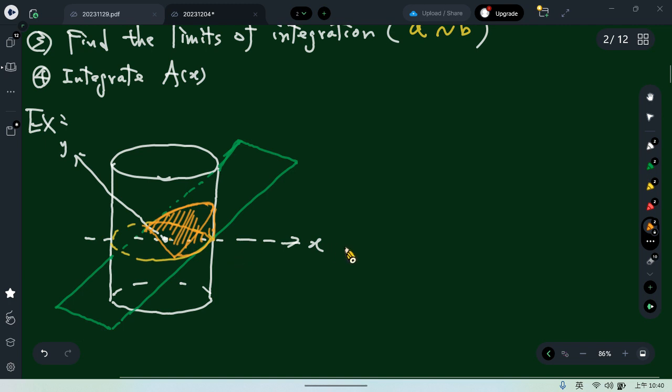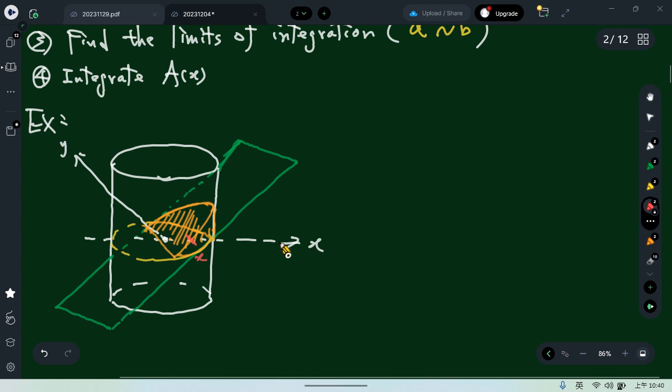Okay, so for S, we need to know for different X. For example, here is different X, right? Different X is here because this is X-axis, right? This is Y-axis.